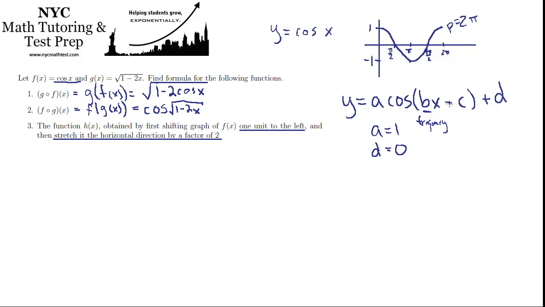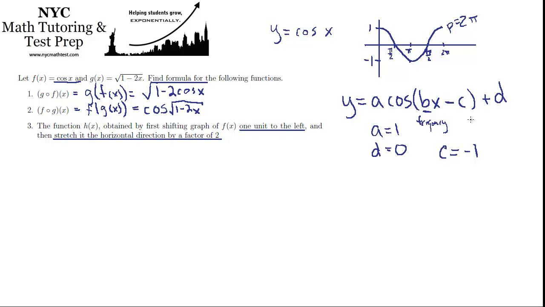If it's moving to the left, notice that the standard form has a minus sign here. So if C is positive, that implies it's moving to the right. If C is negative, that implies it's moving to the left. But because there's a minus sign here, and we want it to move to the left, we want to set C equal to negative 1. But it's going to be minus a negative 1 in the actual final formula, so we're actually going to see bx plus 1.